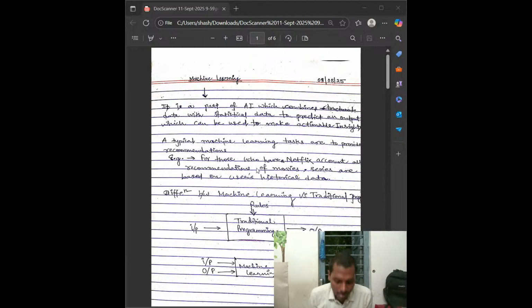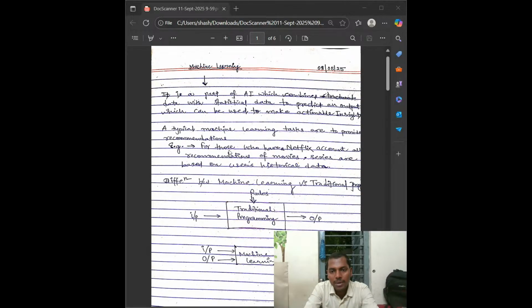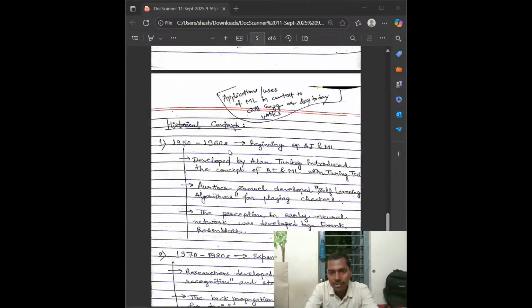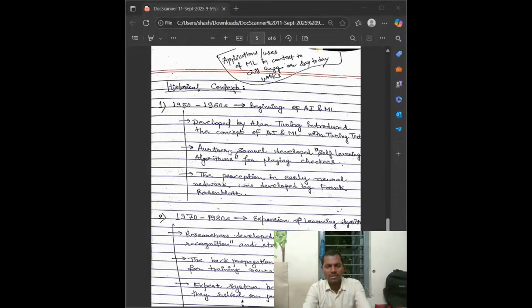Now we will learn a little bit about the historical part, which we have covered here. Basically, the game of machine learning began around the 1950s to 1960s.